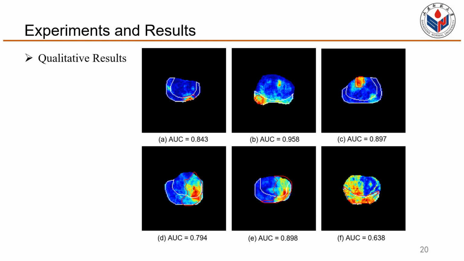We can see from figure A to E that our method can accurately identify the tumor in the peripheral zone, in the transitional zone, and in both zones. However, the classification performance is poor for the last case, with lots of false positives detected.